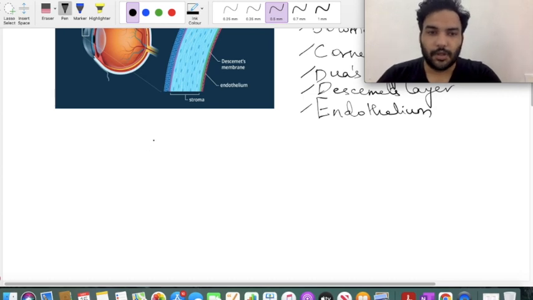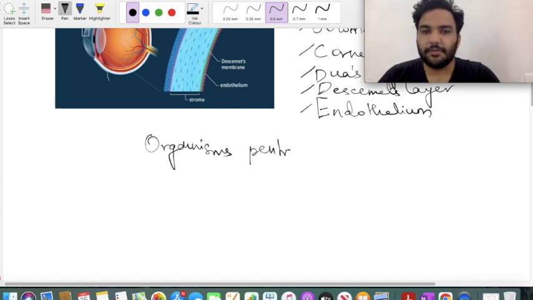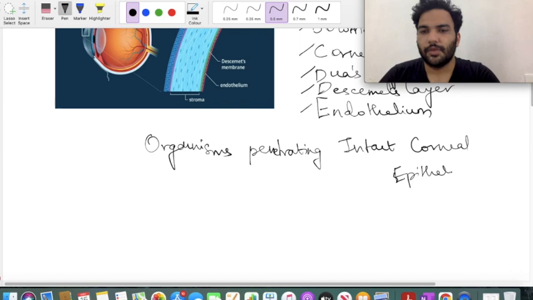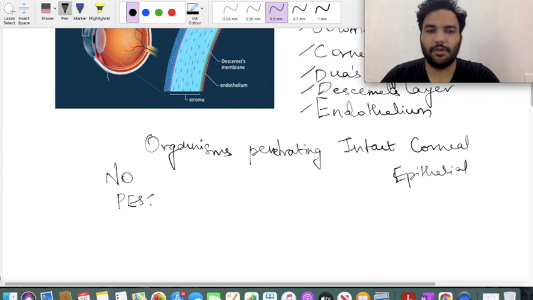So, organisms penetrating intact corneal epithelium. When I was preparing, the mnemonic was NO PEST CONTROL.